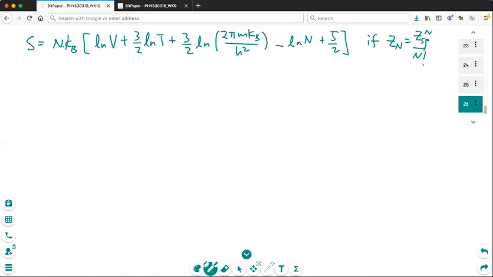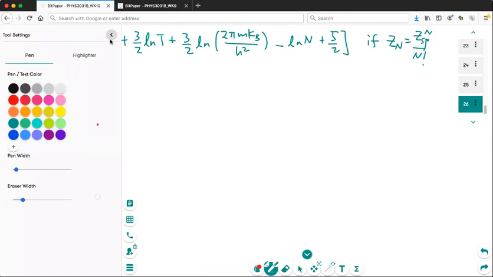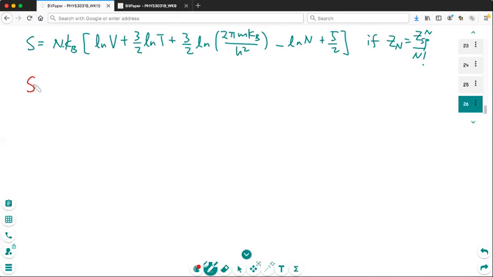Okay, the incorrect one, I will write it in red. This is the wrong one. So the S wrong. Wrong means you use the partition function without this n factorial. So you will get n kb. You still get log v. You still get 3/2 log t.